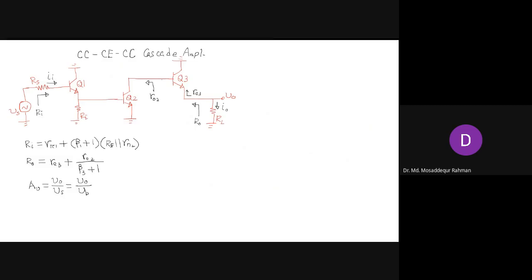V0 by VB3, then VB3 by VB2, then VB2 by VB1, VB1 by VS. 4 gain expressions altogether. Start with the first term here, V0 by VB3. So what will be this?